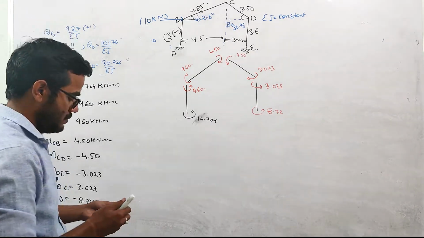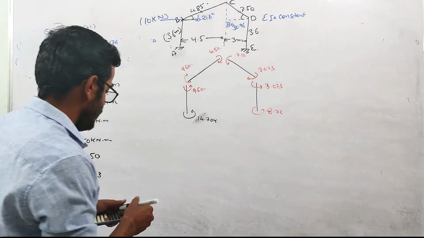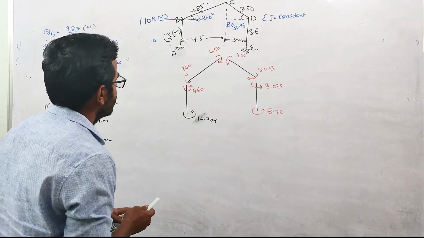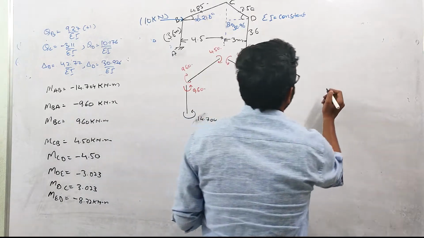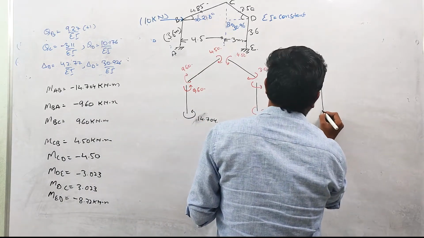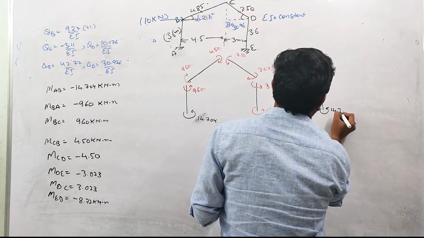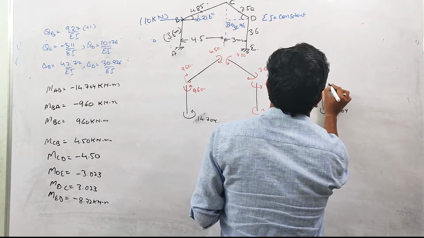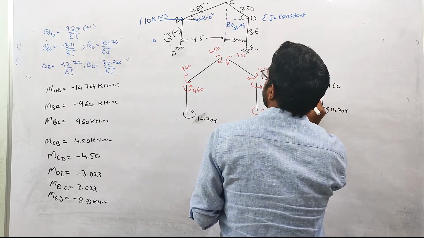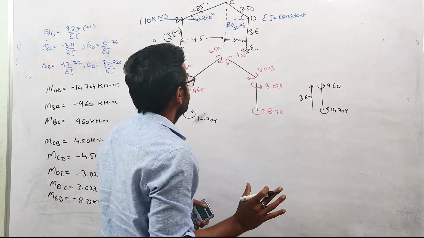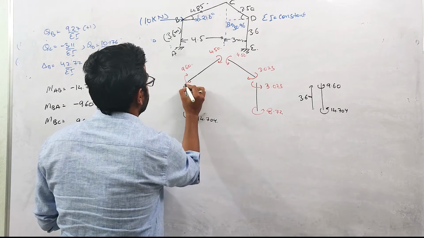So now we need to find the shear forces coming on this member. This is 14.704, this is 9.60, and this length is 3.6 meters. There will also be some axial forces acting on this member, which I am not showing.